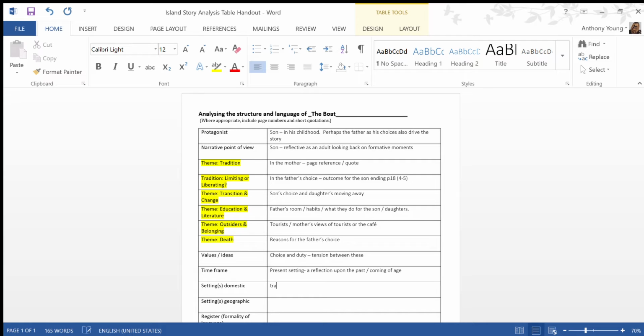This is a very traditional family structure. Lots of children. You might talk about the mother's role and the father's role.